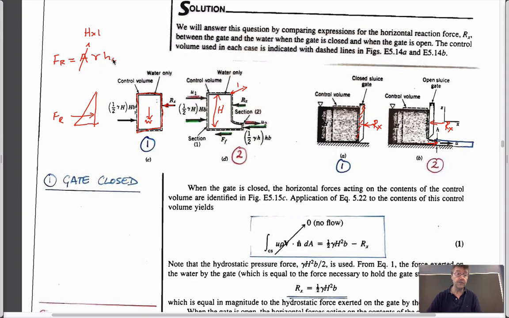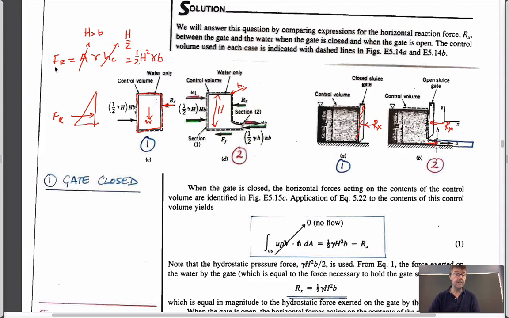The unit weight is the unit weight of water, and the depth of the centroid is just going to be h over 2. Not where it acts, but the magnitude is it. So it's going to be equal to a half uppercase H squared times unit weight times b. Okay. b is the magnitude into the board. So this is not 1, this is b.